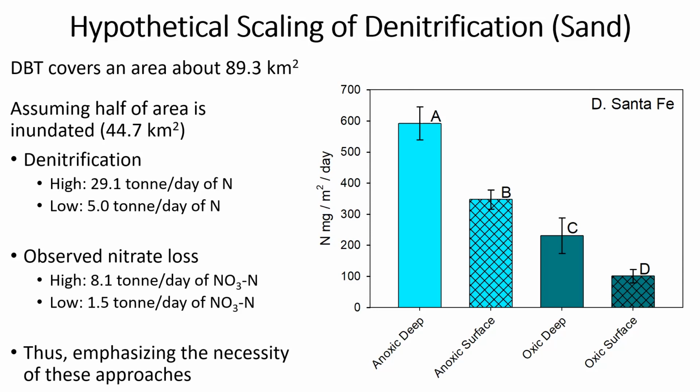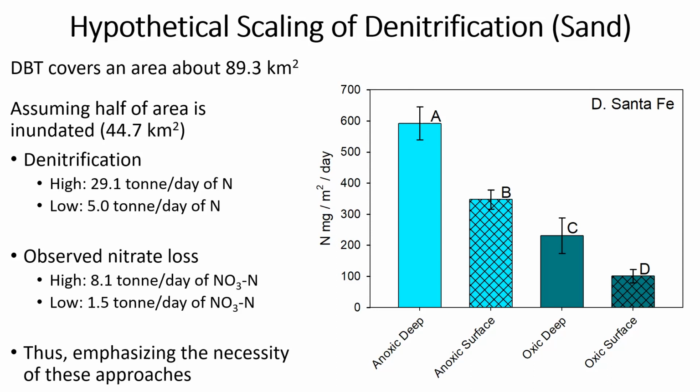Well, assuming it's inundated with anoxic water, we could expect rates of denitrification to be as high as 29.1 tons per day of nitrogen to be produced. On the low end, this could be a mere 5 tons per day if these same sites are inundated with oxic surface floodwater. But we can't forget that denitrification does not always equate to nitrate loss.